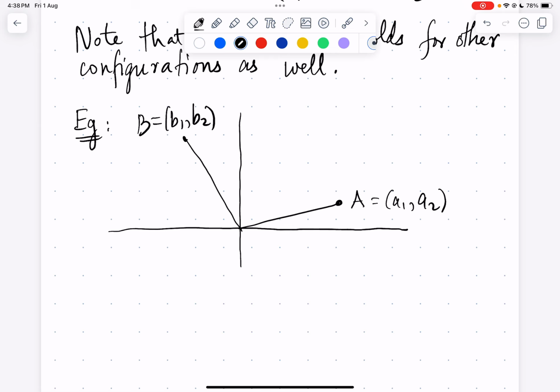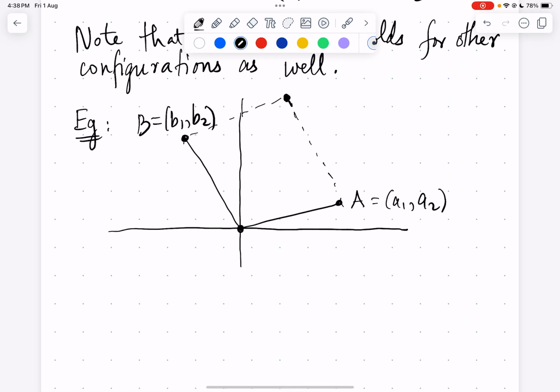So the process is to complete the parallelogram. We have to prove that after completing the parallelogram, the fourth point is the sum of these two points A and B. So let's see what are the coordinates of the fourth point.